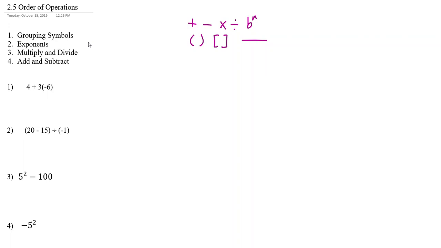Let me just run through the quick order of operations. The first thing is you always do what's inside the grouping symbols before you do what's outside. And sometimes we'll have more than one type of grouping symbol. So for example, just by convention, if there's more than one grouping symbol, the bracket will be the outermost, and then the parentheses will be the innermost.